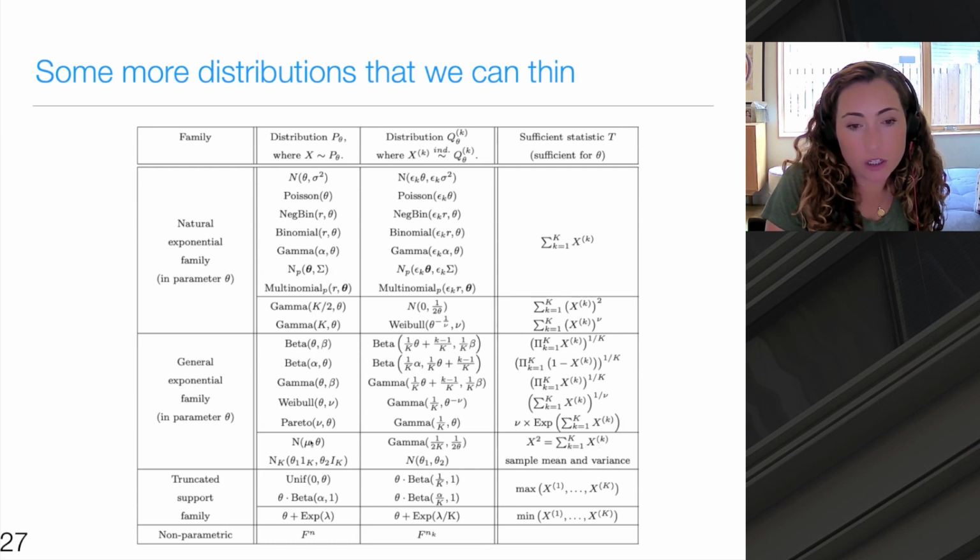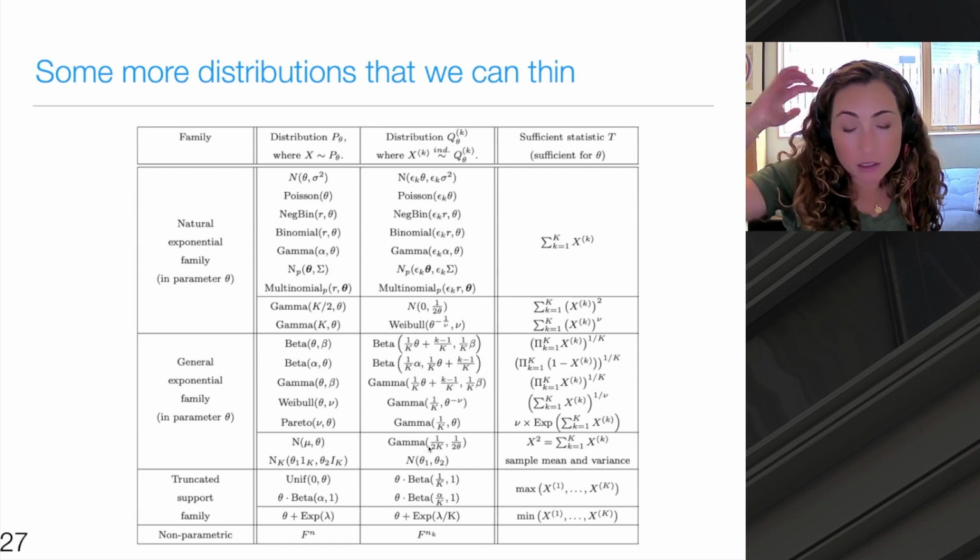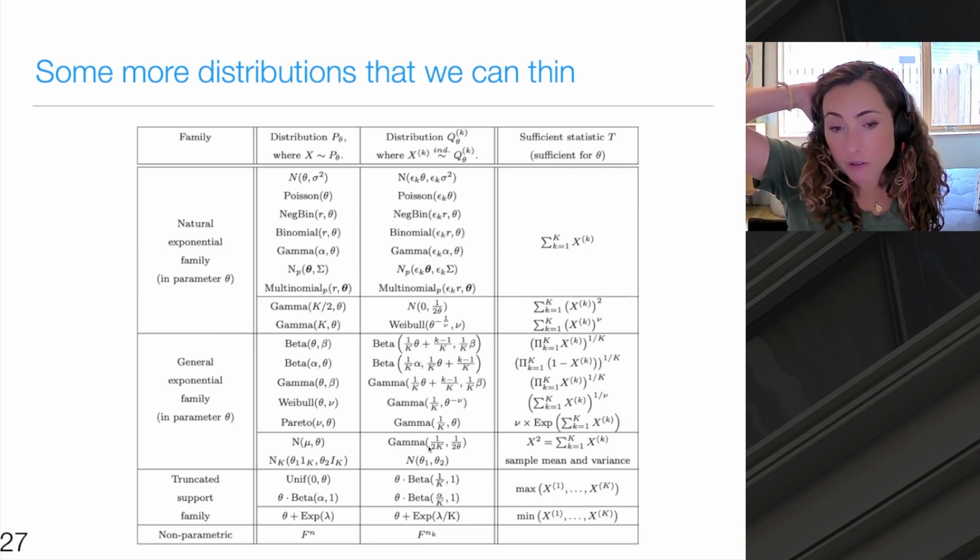The point is we use the connection between a normal and a gamma with unknown variance. And so the Wishart is the multidimensional version of that, where if I have a multivariate normal distribution with mean vector theta and covariance matrix sigma, and then x transpose x is Wishart, well, it turns out that we can thin it, and we can actually thin it by addition.